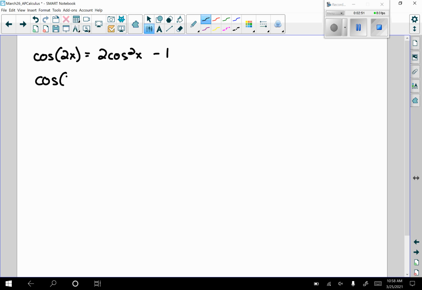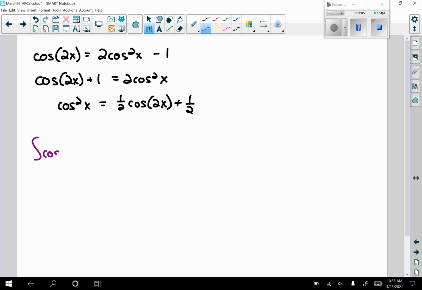So if we add 1, we'll get cosine 2x plus 1 is equal to 2 cosine square x. We could solve this for cosine square x. So that's just going to equal 1/2 cosine 2x plus 1/2. So now the integral of cosine square x dx becomes the integral of 1/2 plus 1/2 cosine of 2x dx.